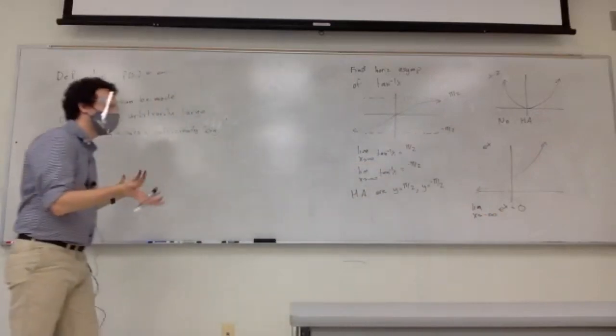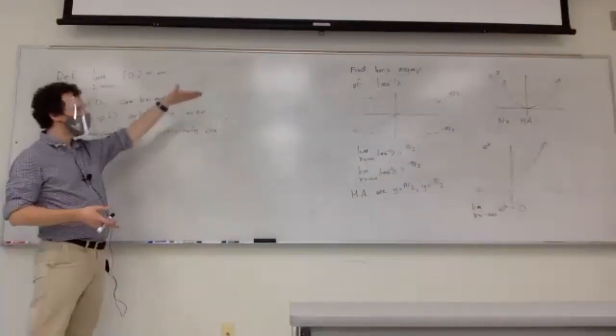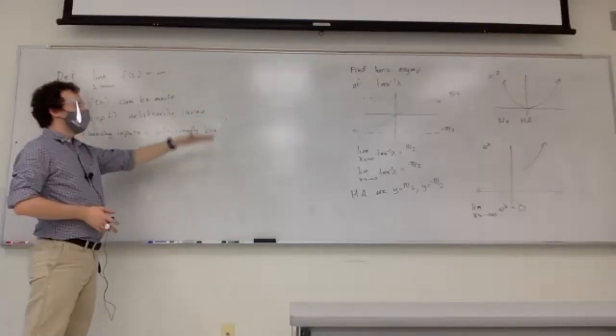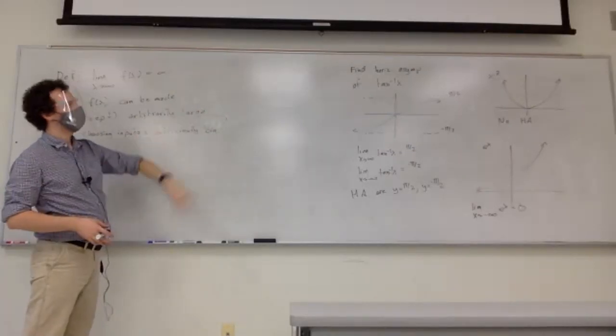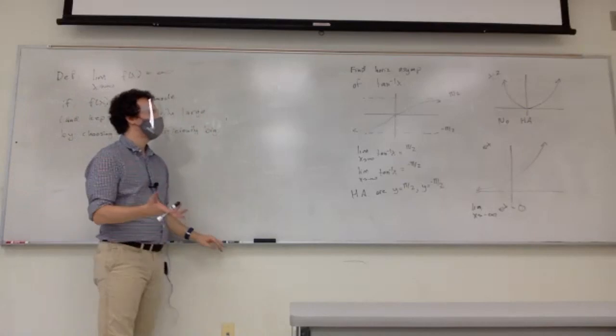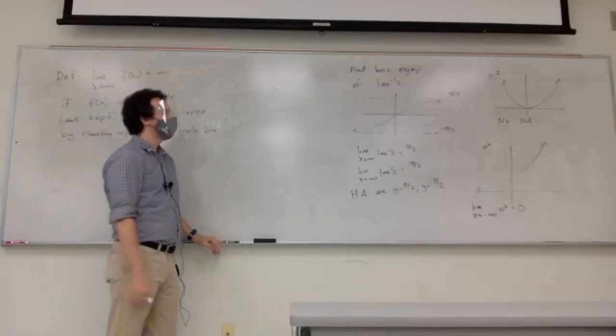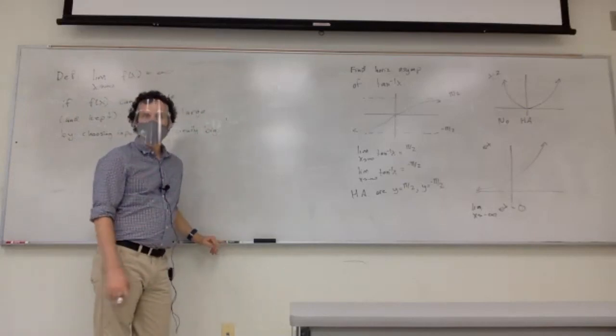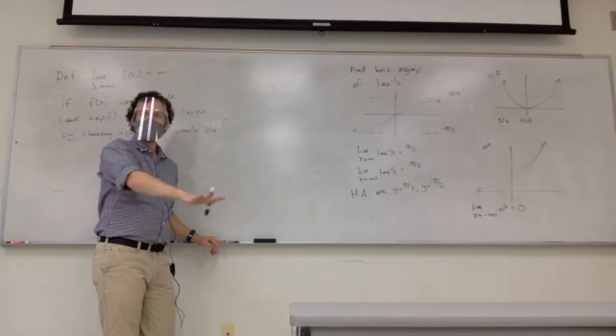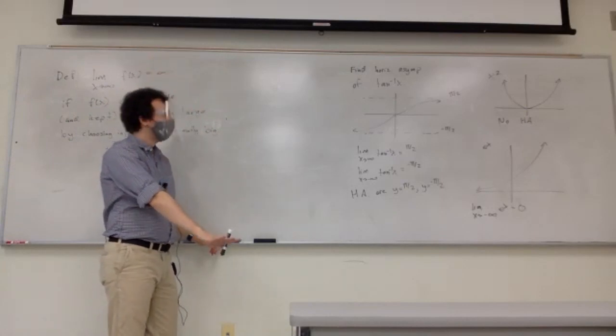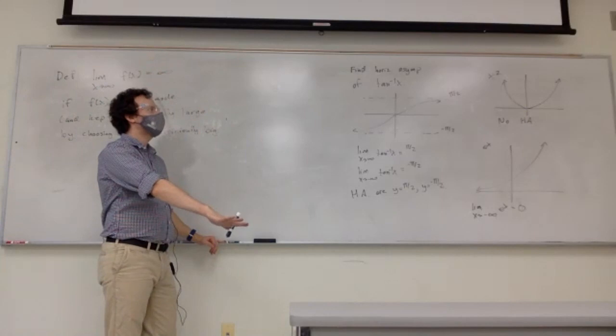Or if you were thinking of constructing a table, you have x's getting bigger and bigger, and their corresponding outputs, you can make those outputs as big as you want. Pick the biggest number you can think of, and somewhere down the outputs, you will be above that. And once they're big, they stay big.